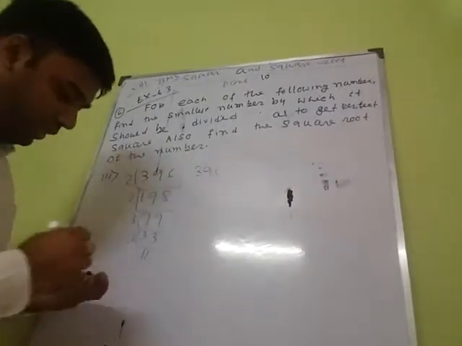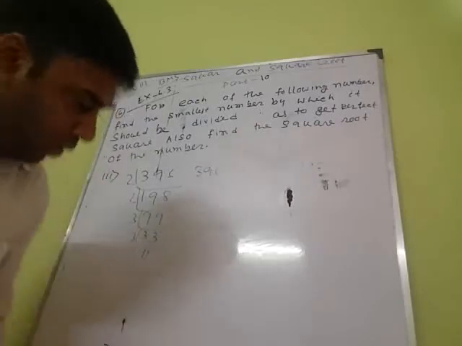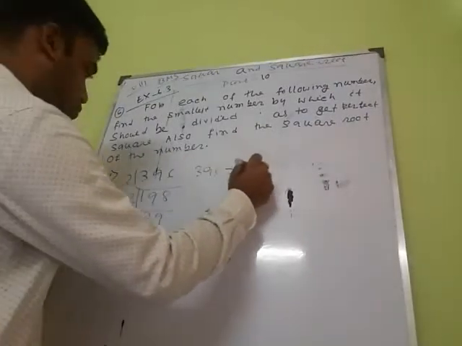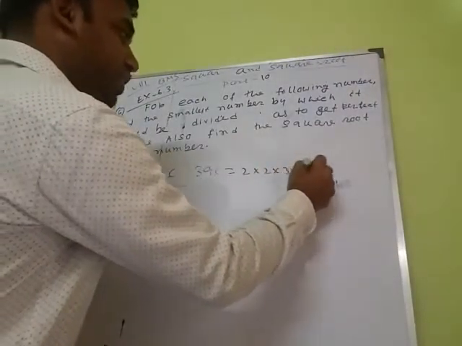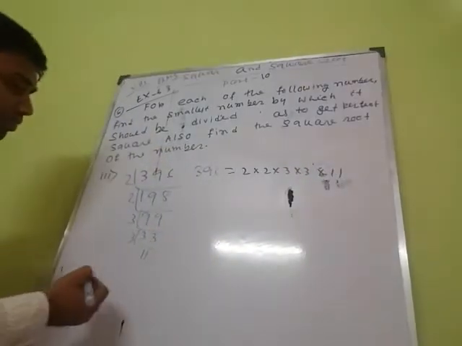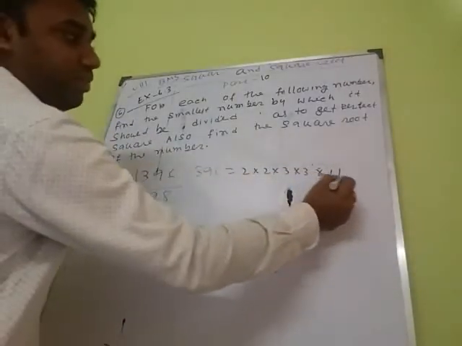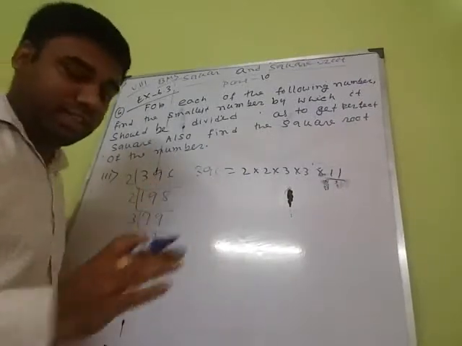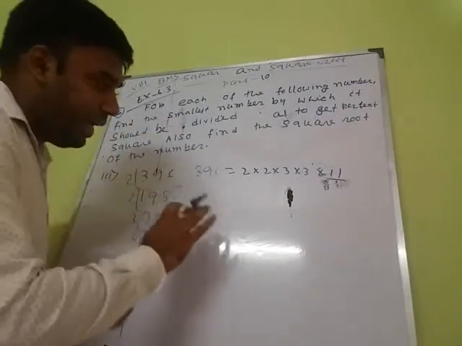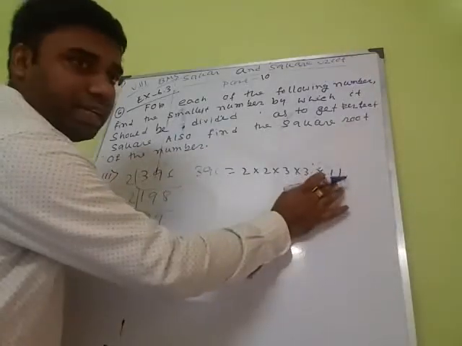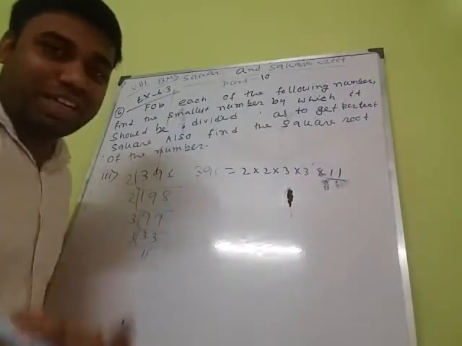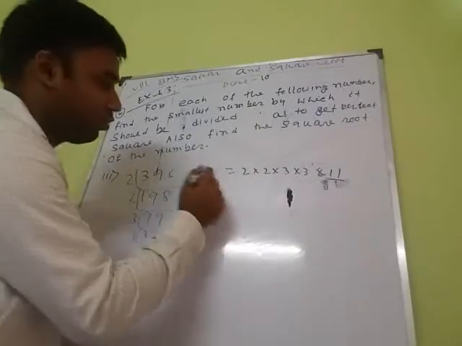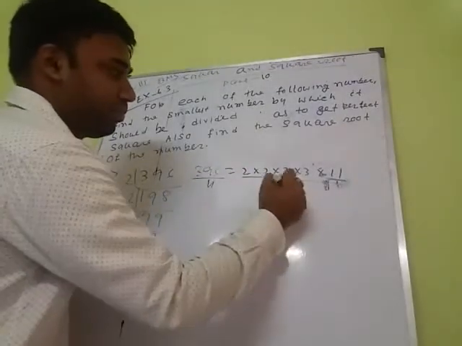Next, the third part, 396. So 396 equals 2 into 2 into 3 into 3 into 11. The problem is that 11 is not in pair form, so 396 is not a perfect square number. To make it a perfect square number, divide by the single disturbing element that prevents pairing. So divide it by 11.